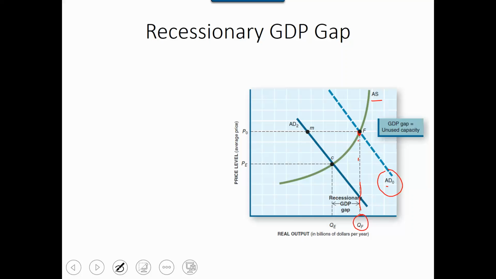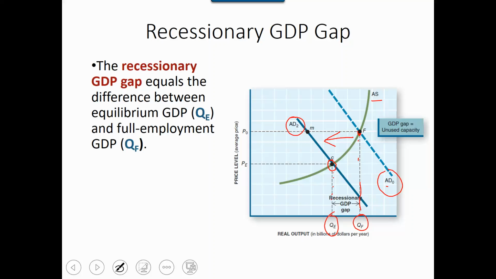So our demand curve shifts to a new position, the AD2 curve, which is on the left-hand side of the AD0 curve. At this point, the equilibrium lands at C, and the corresponding real output is QE. QE is smaller than QF. This gap we call the recessionary GDP gap.